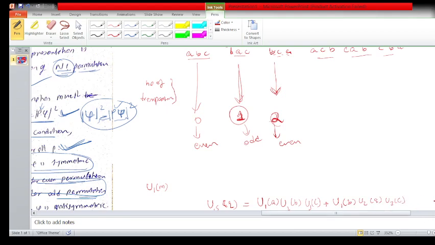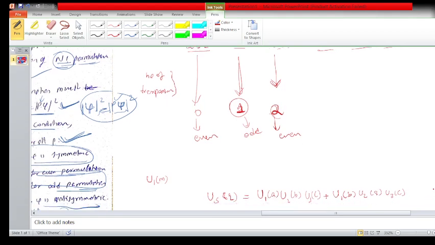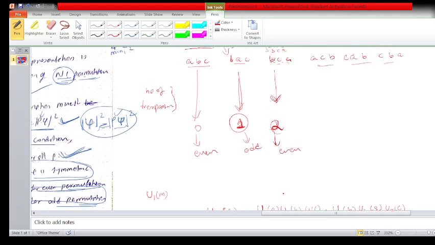And the third one is BCA, so u1 of B, u2 of C, u3 of A, plus u1 of A, u2 of C, u3 of B, plus u1 of C, u2 of A, u3 of B, plus u1 of C, u2 of B, u3 of A. Just check that.